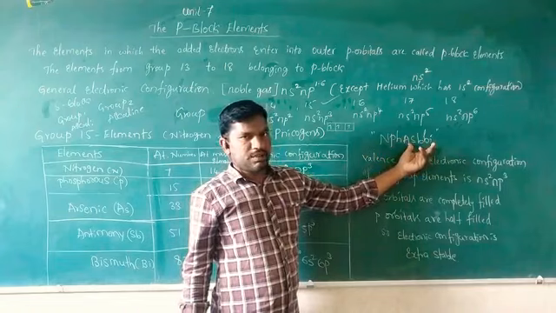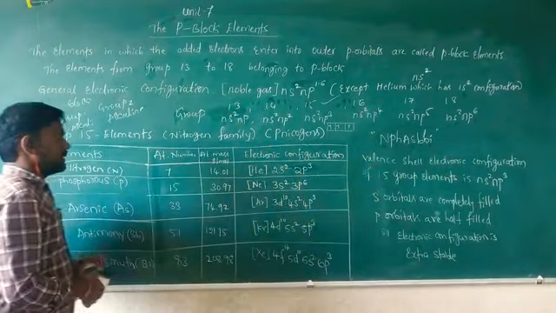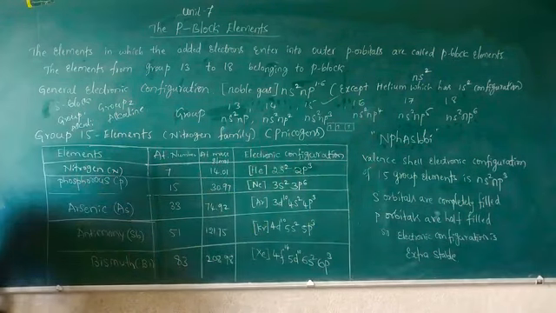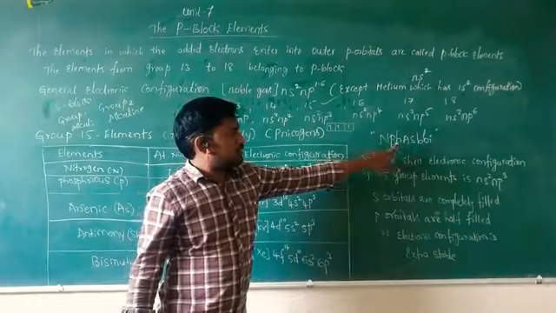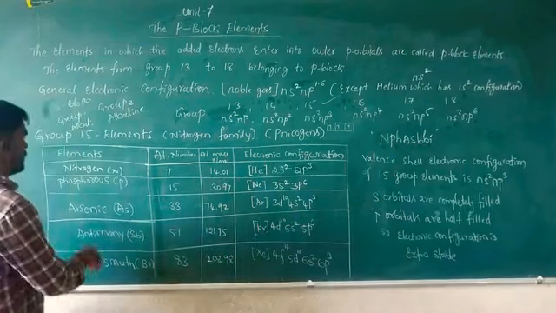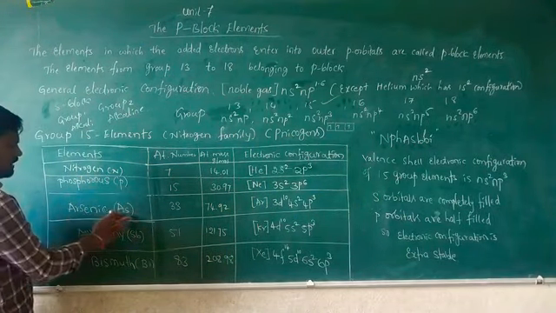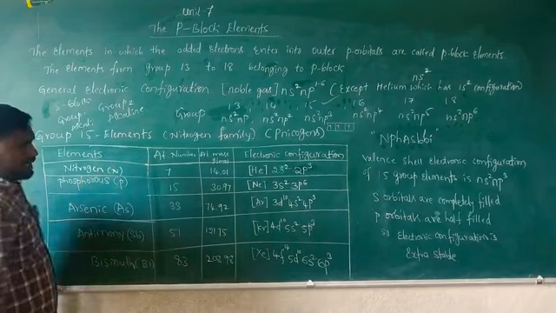It is easy to remember the group 15 elements, commonly called the nitrogen family and pnictogens. What are the elements present in group 15? Nitrogen, N, phosphorus, P, arsenic, As, antimony, Sb, and bismuth, Bi.